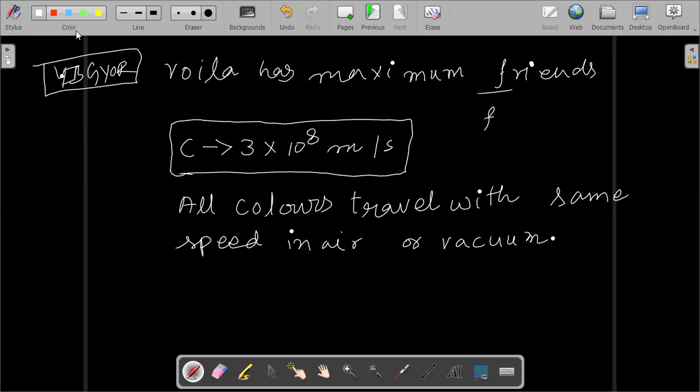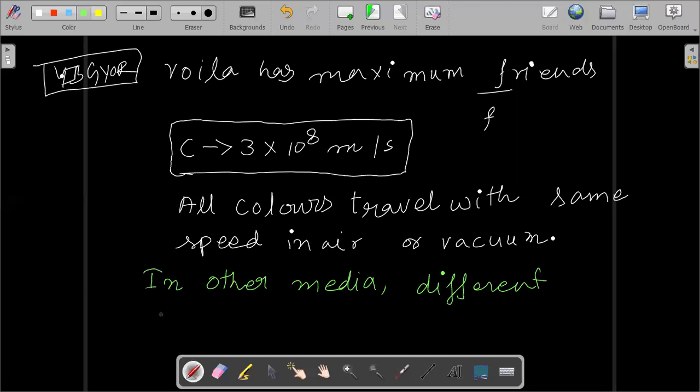So in any other medium, in other media, different colors have different speeds. So all the colors travel with different speeds. They do not have the same speed in different media.